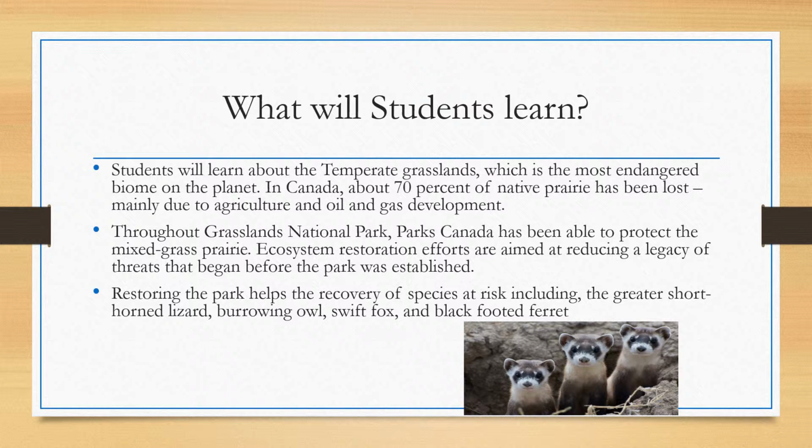Ecosystem restoration efforts are aimed at reducing a legacy of threats that began before the park was established. Restoring the park helps the recovery of species at risk, including the greater short-horned lizard, burrowing owl, swift fox, and the black-footed ferret, to name a few.